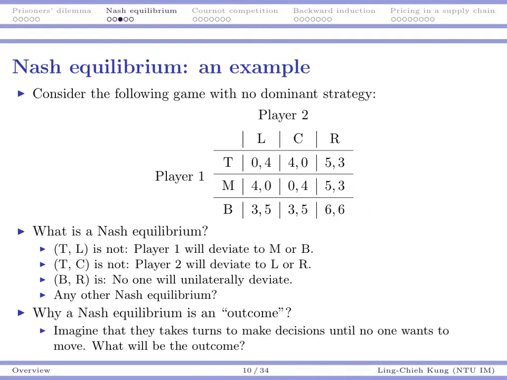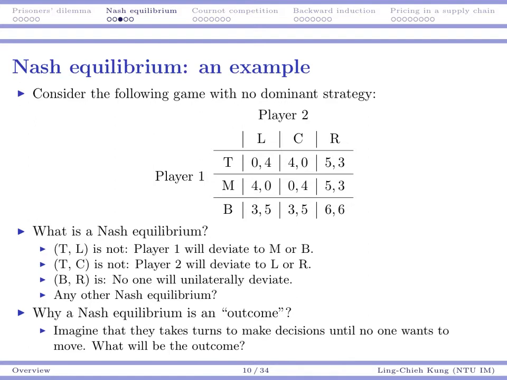BR is a Nash equilibrium because if player 2 stays at R, I have no incentive to move to C. If player 2 stays at R, I have no incentive to move to M or T because 6 is greater than 5 and 5. Player 2 is the same thing.